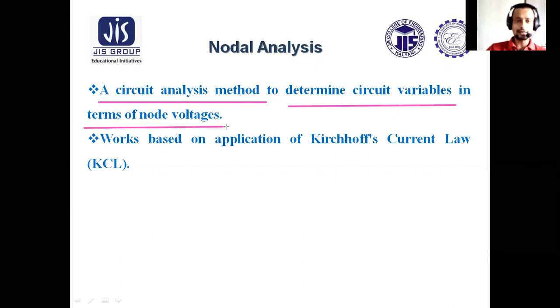What is node voltage? That we'll discuss in a later slide. This method works on the principle of Kirchhoff's current law. This nodal analysis method is nothing but an application of Kirchhoff's current law.